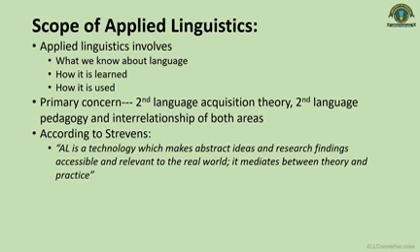The primary concern of applied linguistics is second language acquisition theory, second language pedagogy, and the interrelationship of both areas. According to Stevens, AL, that is applied linguistics, is a technology which makes abstract ideas and research findings accessible and relevant to the real world. It mediates between theory and practice.